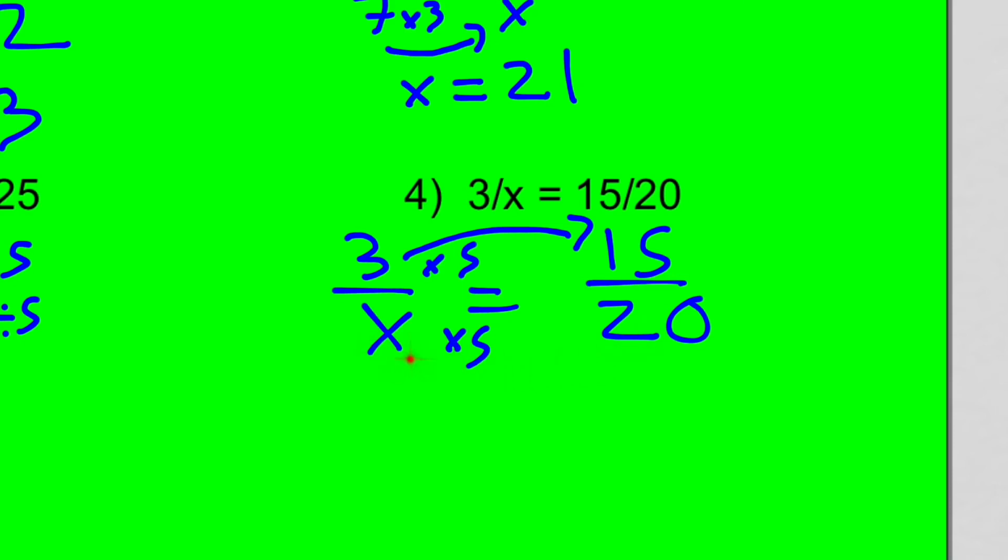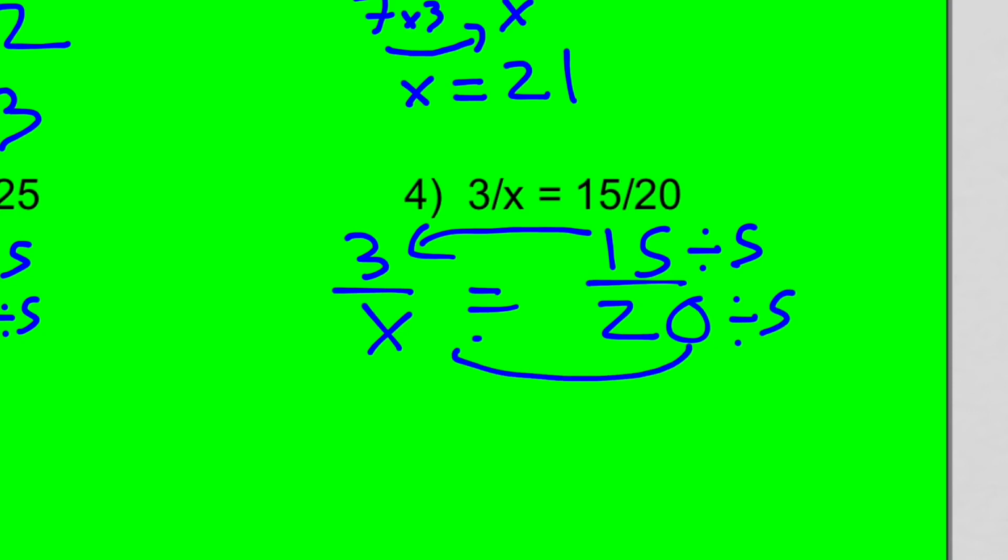And I know 4 times 5 is 20. So I could do it that way. Or I could use division, start with 15 and ask myself, what do I do to 15 to get 3? I'm going to divide by 5. And I have to do the same thing to the bottom then. 20 divided by 5 gives me x equal to 4.